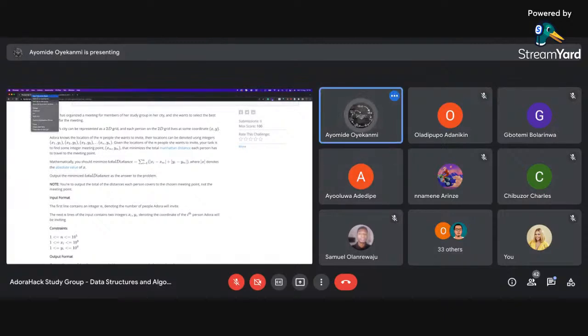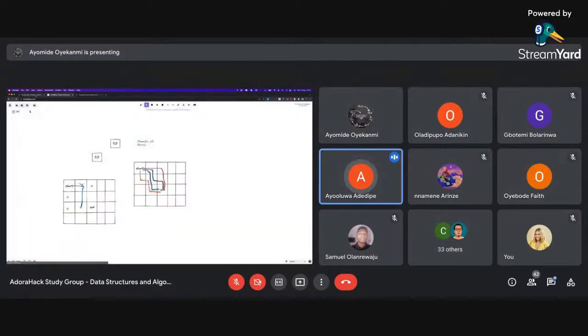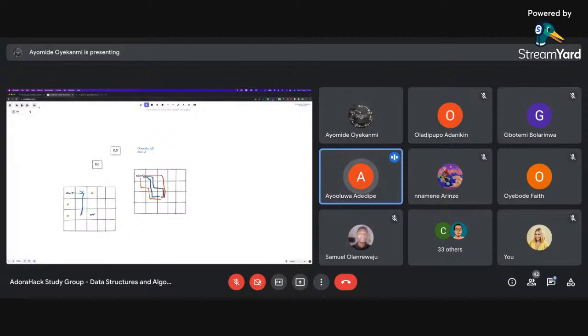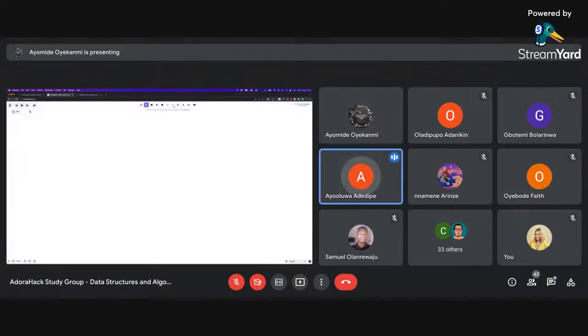Okay, so sorry, yeah, ask your question. Not exactly a question. I was just thinking that wouldn't this be some kind of numerical optimization thing? What do you mean? What we are trying to look for is the meeting point where each person's distance from it would be the least. So isn't it an approach where we keep trying different possible meeting points and then getting the one that's the minimum?